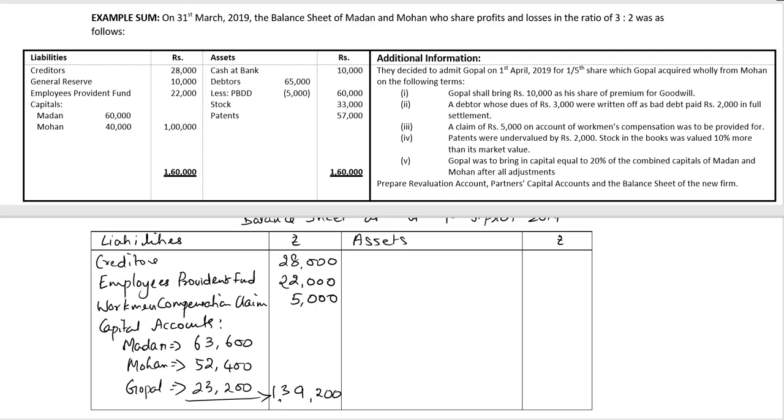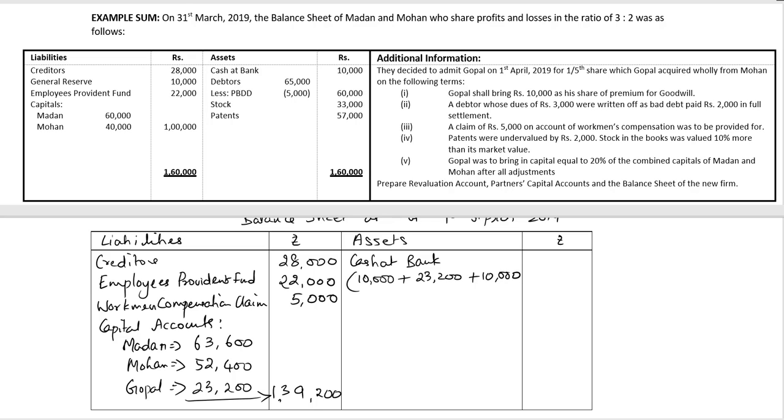We'll continue with the items on the asset side. First item, cash at bank. The opening balance is rupees 10,000. The capital which is brought in by Gopal was 23,200 rupees, plus the premium for goodwill brought in by Gopal, which is 10,000 rupees.